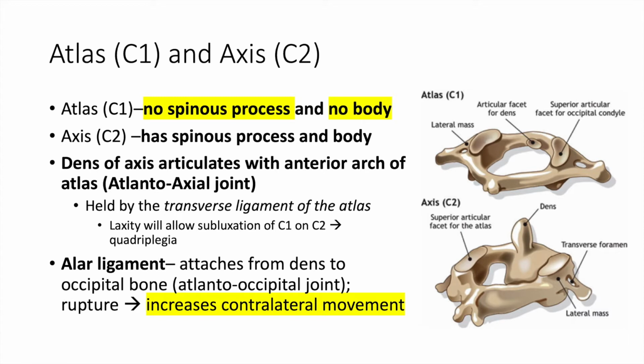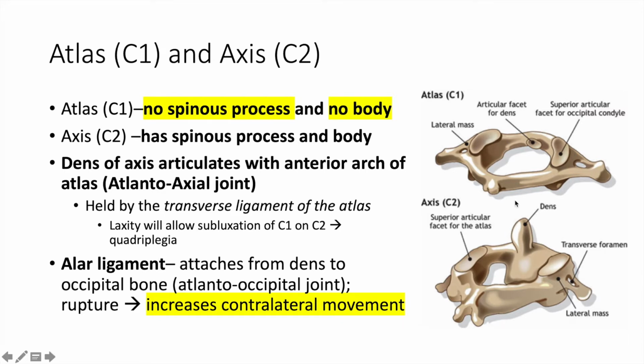So how's it different? The atlas, as we can see up here on the right, has no spinous process and no body. So it's very different from the rest. C2, my axis, has a spinous process and has a body.